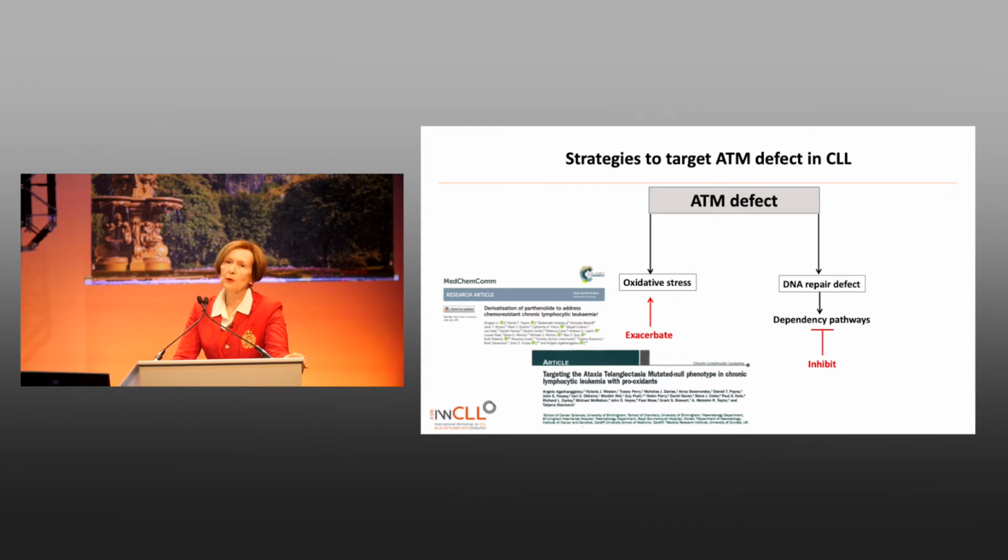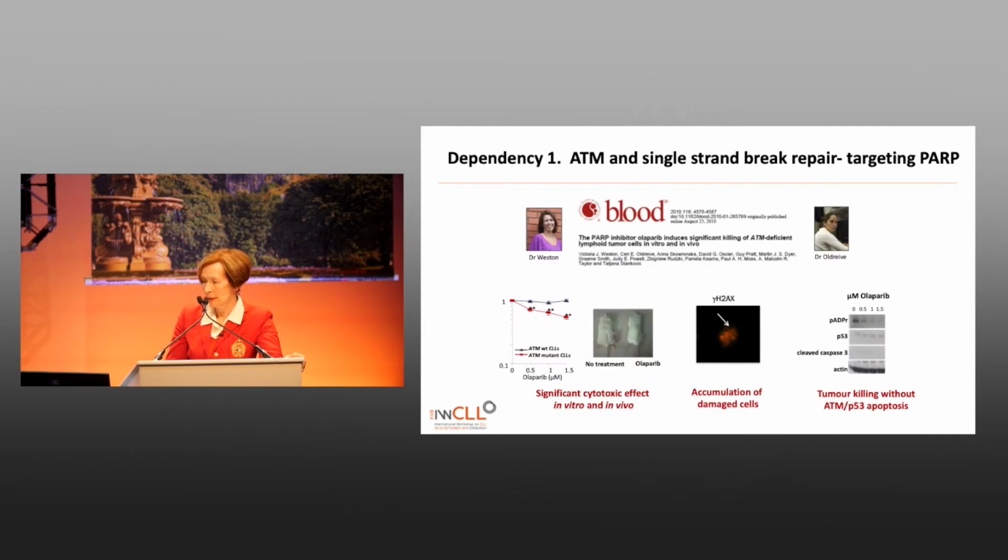And now I would like to spend a few moments going through various dependency pathways that can be targeted in ATM null cells. One of the first dependency pathways that we targeted was PARP, by utilizing a PARP inhibitor, olaparib. We observed a synthetically lethal interaction between loss of ATM function and pharmacological inhibition of PARP, which is a single-strand break repair protein.